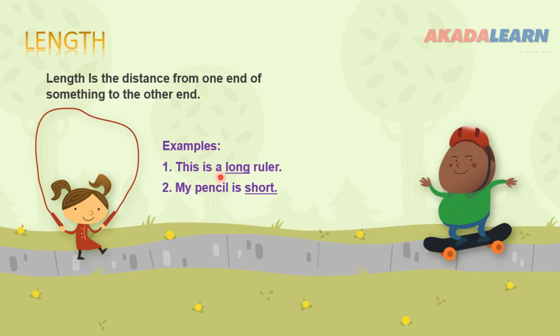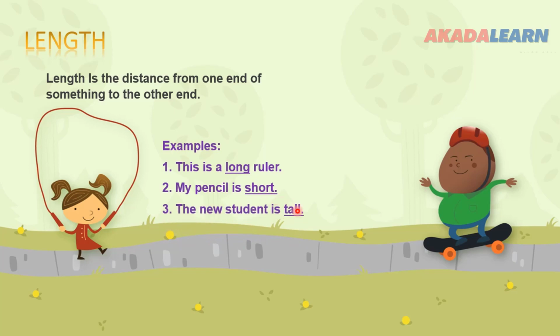My pencil is short. So that means your pencil is short, and you might need to change the pencil to another one. So by saying my pencil is short, he has described the length of his pencil using the word short.